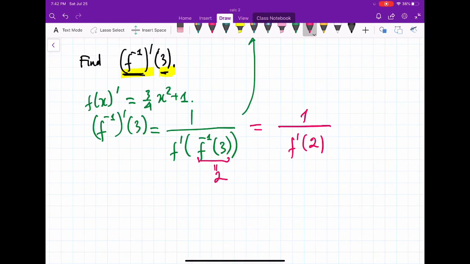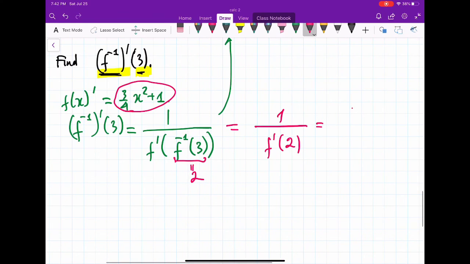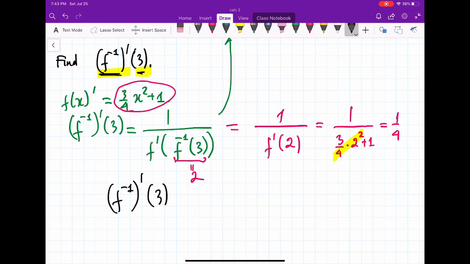That means you just need to plug 2 into the derivative of the original function. So I will have just 1 over 3/4 times 2 squared plus 1. So you have 1/4, because this will be cancelled out. 3 with 1 is 4. And that's how we can find the derivative of the inverse function at some point.